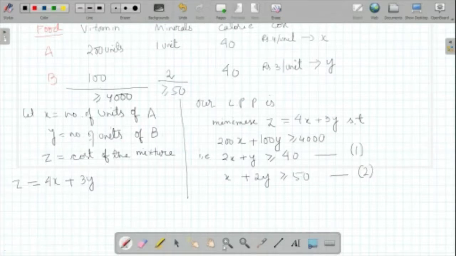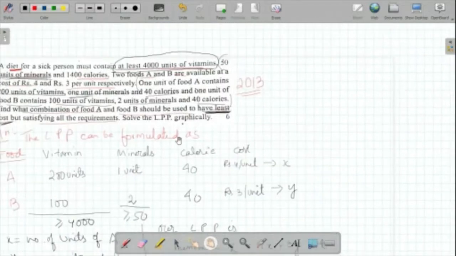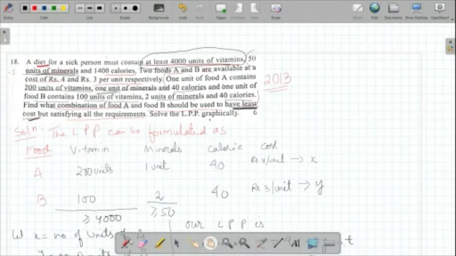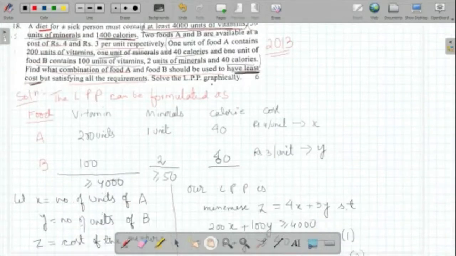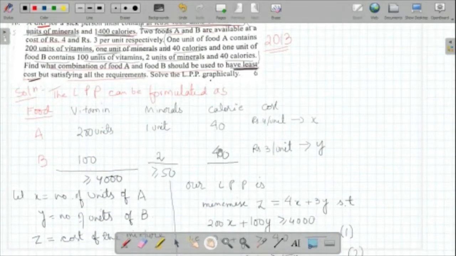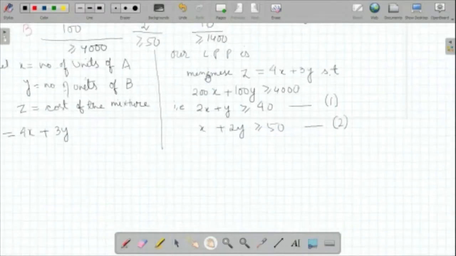Now, similarly, the third condition. What is that? Calories. How many calories? 1,400 calories. When you mix up the food, how much should we have? At least 1,400, so it will be greater than or equal to 1,400.